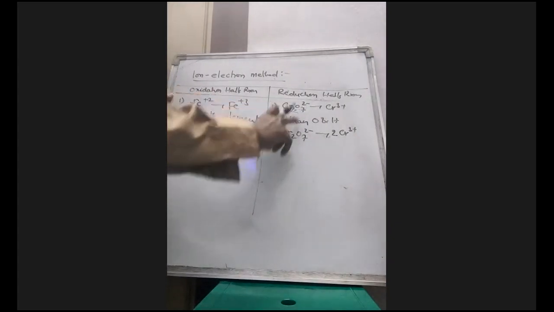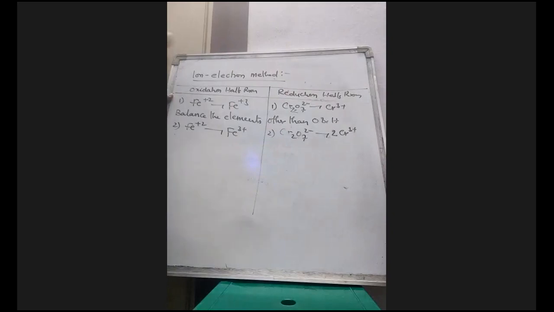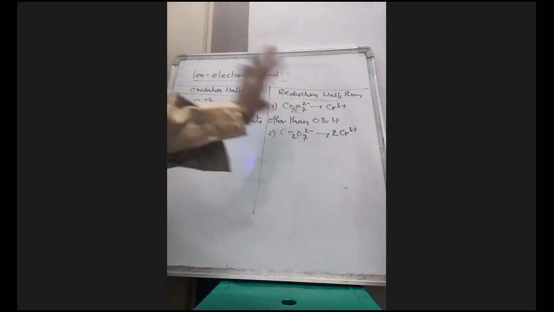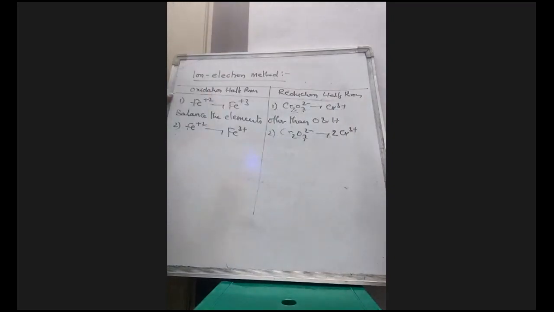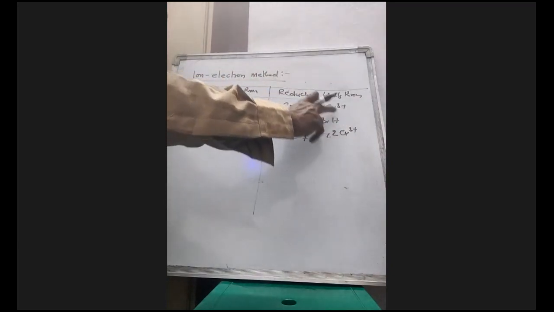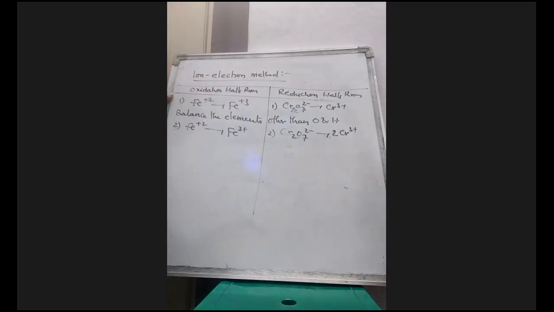To get 2 chromiums on this side, we have to multiply with 2. We should not remove anything or add 2 here; we just have to multiply with a suitable coefficient. As 2 chromiums are there, to make this side also 2 chromiums, you multiply with 2. This is the second step.